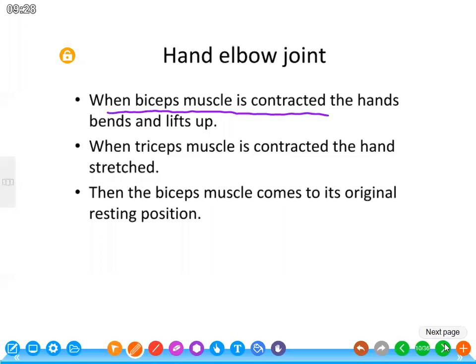When the biceps muscle is contracted, the hand bends and lifts up.